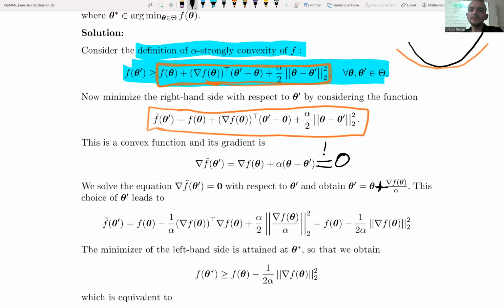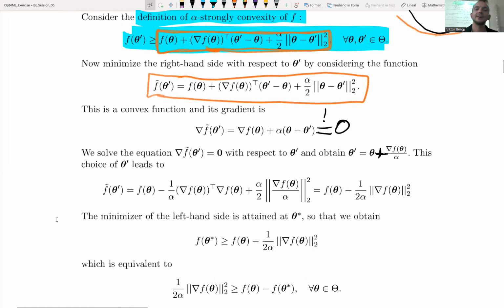Yeah, okay. Good. Then let's see. I have a suspicion there will be somewhere an issue, but let's see. Let's plug in this value theta prime into our quadratic function, this orange one. All right, f of theta does not include theta prime. Then we plug in here for theta prime this one.